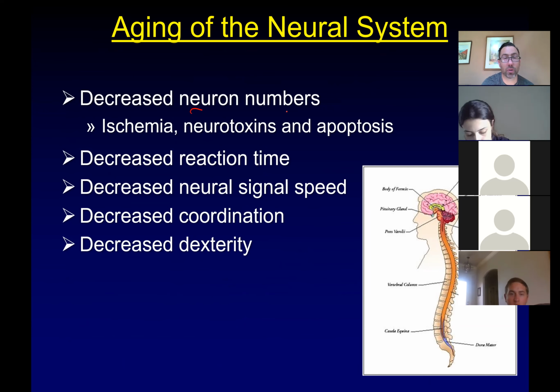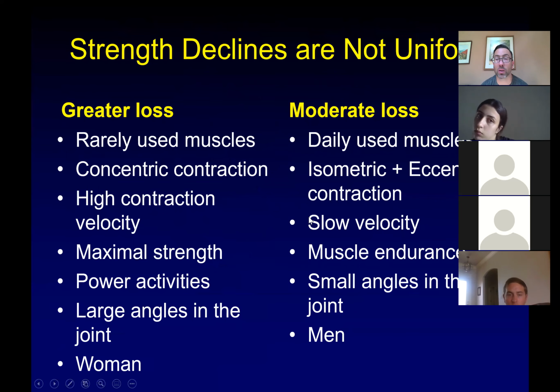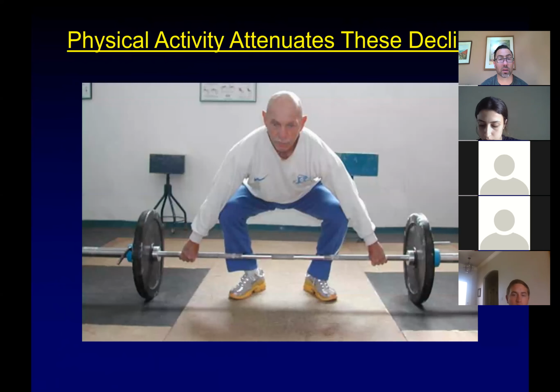So you have fewer neurons, your reaction time goes down, your coordination goes down, your dexterity goes down, and all of that's going to make it more difficult for us to walk, to run, to drive, to do fine motor skills and those types of things. The good thing about all of this, though, is if you keep doing the things that require a lot of nervous system signals, you can prevent a lot of that loss.